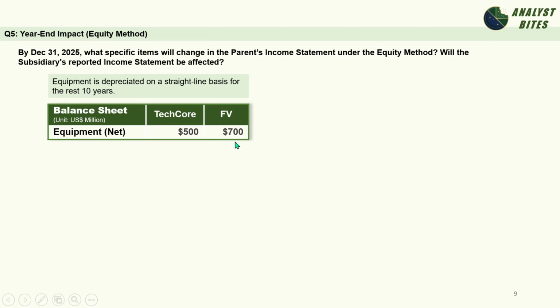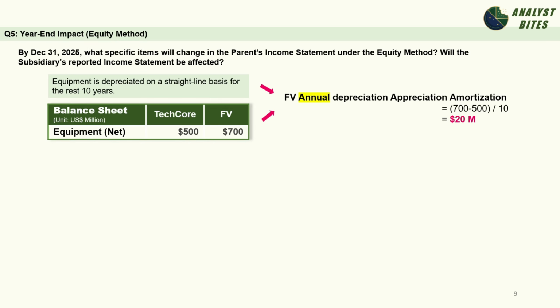So the parent must record the extra depreciation on that difference. Now let's calculate it step by step. That 200 million spread over 10 years is 20 million per year. But wait, we only owned the company for half a year, so we only record 10 million in extra depreciation.